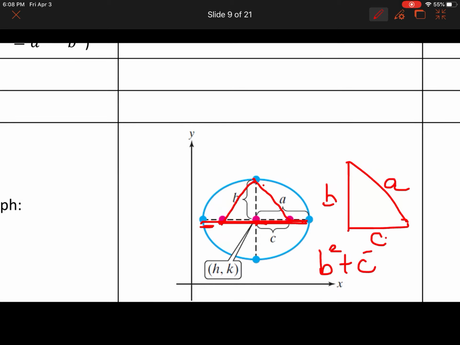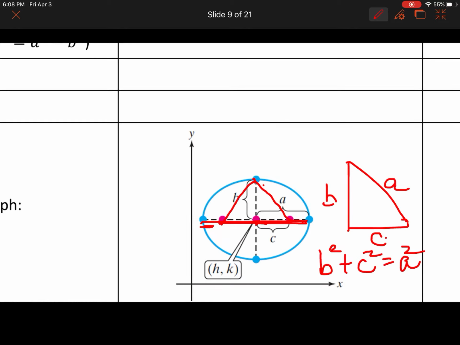This is B squared plus C squared equals A squared. And you know that A is the biggest, because A is obviously bigger than B, because that's how we define which one's A and which one's B. And A is bigger than C because C is on the major axis but not at the end, right?